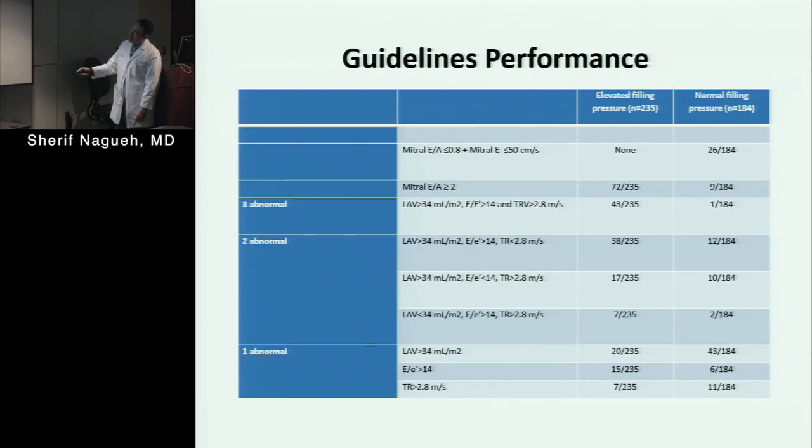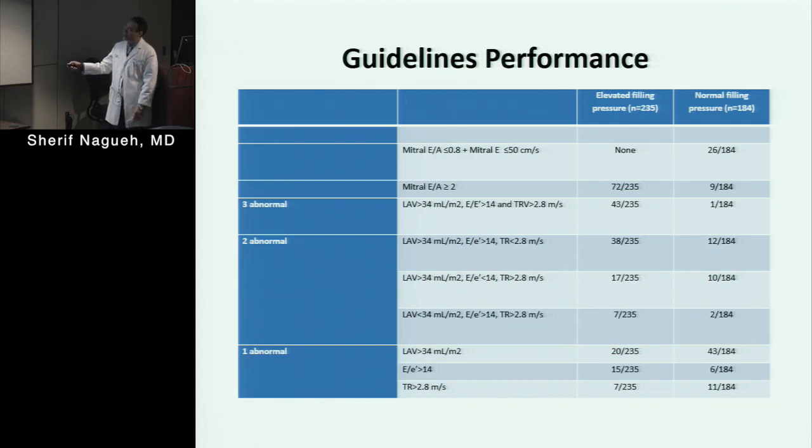If you look at the first one, mitral E to A ratio 0.8 or less, along with mitral E velocity 50 centimeters per second or less, 26 of those with normal filling pressures had that finding, and so the assessment ends here per the guidelines. You do not need to look at other variables.